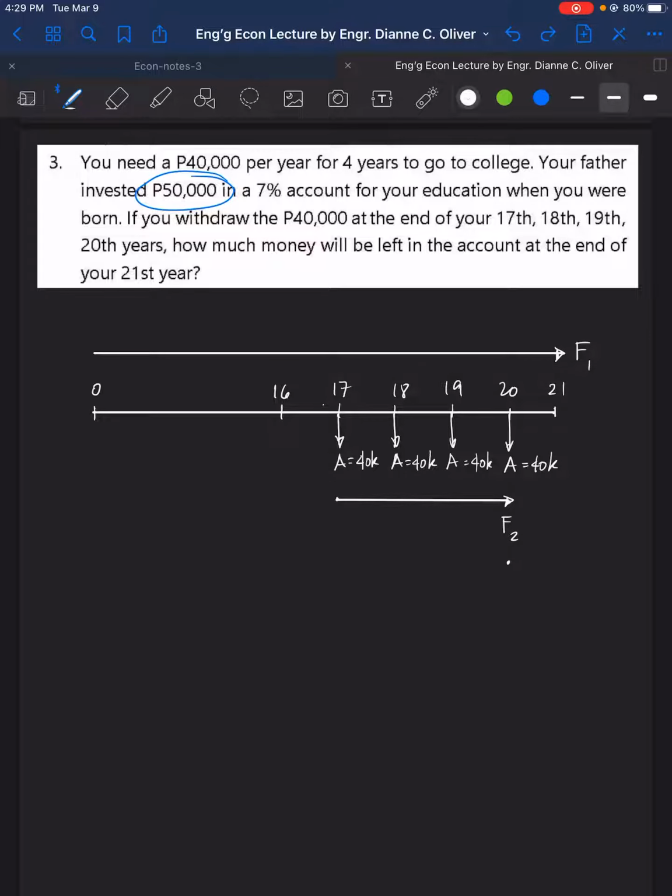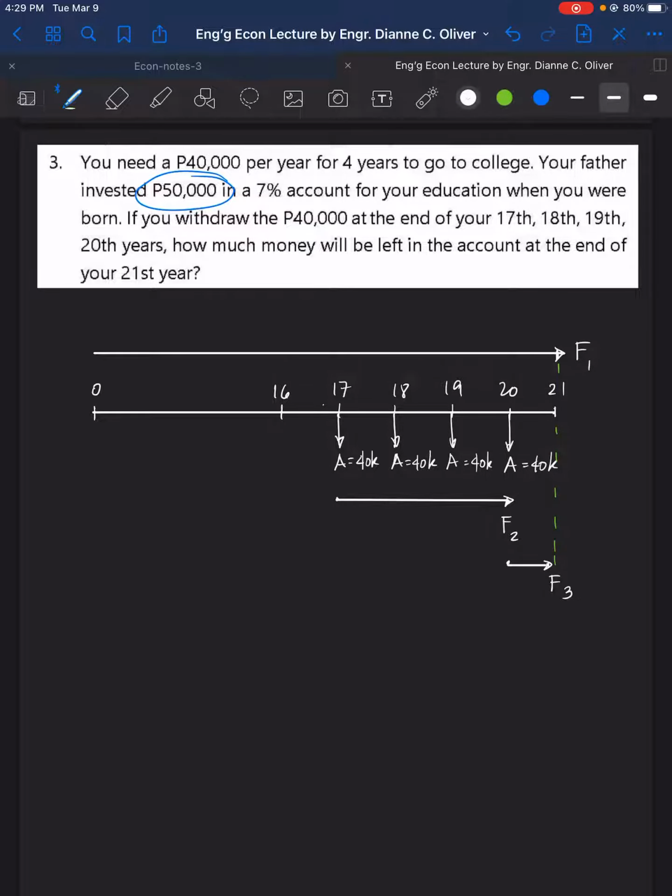So considering F2 as the present, let's jump to the future at the 21st year. So this is your F3. If you notice, they are all aligned here at this portion.